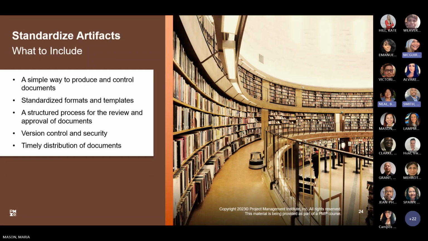Standardizing your artifacts. What to include. A simple way to produce and control documents is to make sure the ground rules are set for the team. You want to have a standardized format and templates. Organizations often have templates and style sheets to standardize their communications. I've worked on projects where the department I worked in had standard templates for managing projects.